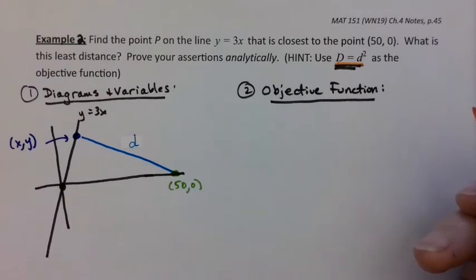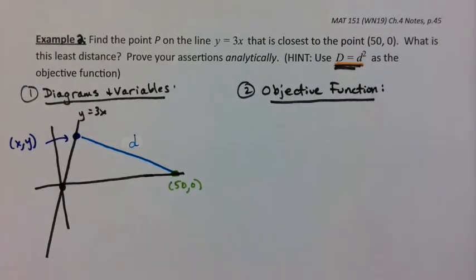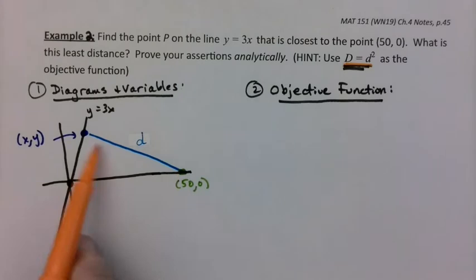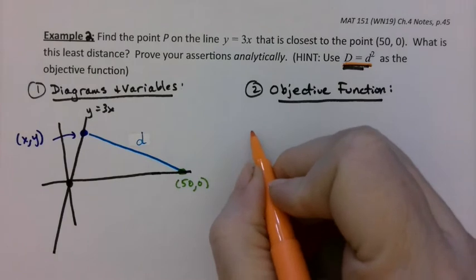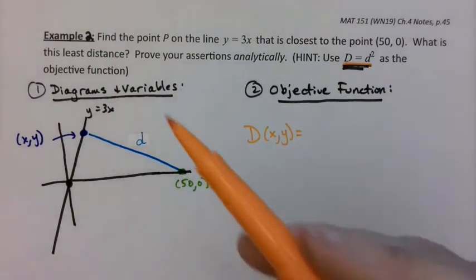Distance itself actually requires a giant square root, and that's annoying. So we're going to actually minimize the distance squared, but if you minimize the distance squared, then you've also minimized the distance. See? It all works out. Okay, so what is capital D?